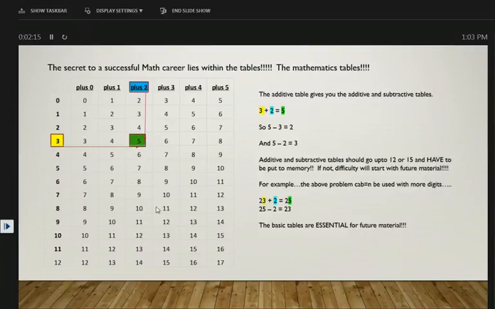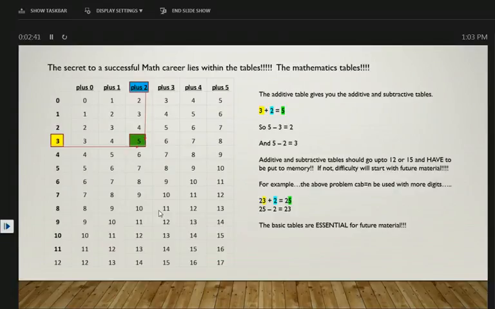Now, if you see, there's a pattern in here if you see it. If you don't, then don't worry about it. But what I want you to learn is that 3 plus 2 is what? 5. 5 minus 2 is 3. 5 minus 3 is 2. A lot of people don't realize how important the additive table and the multiplicative table is.